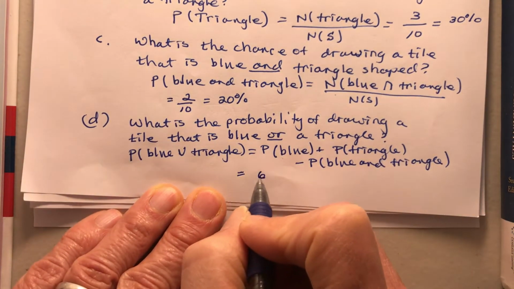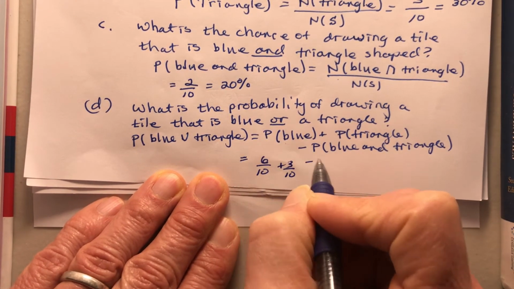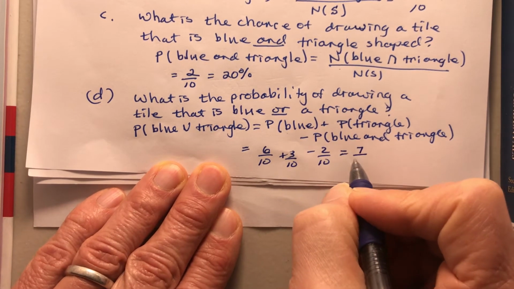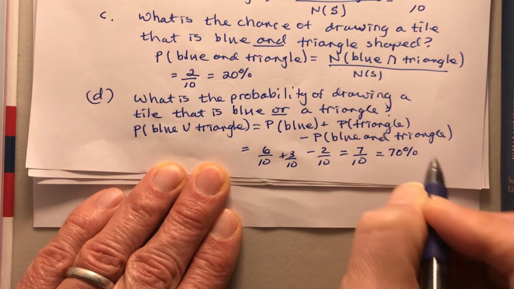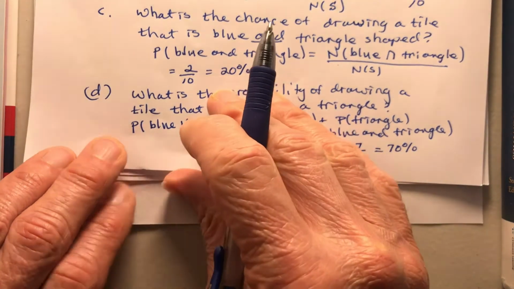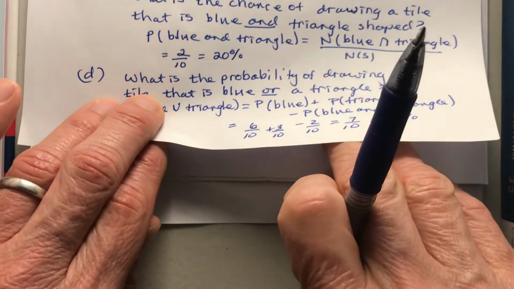So this will be 6/10 plus 3/10 minus 2/10. 6 plus 3 is 9, minus 2 is 7/10. So we get 70%. Another way you could do it is just take 100% and subtract the chances of getting a red square. It'll give you the same thing.